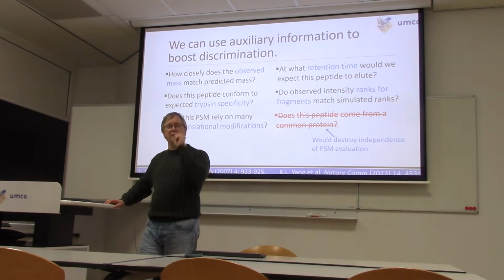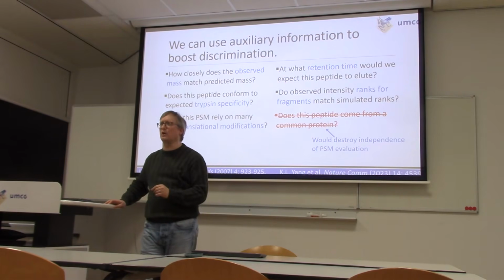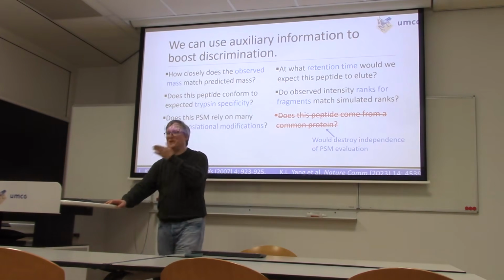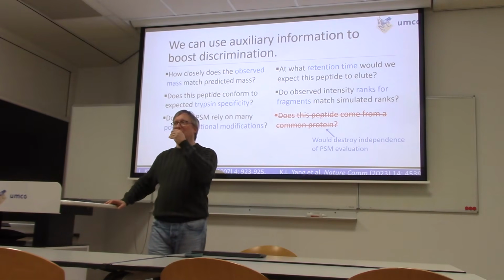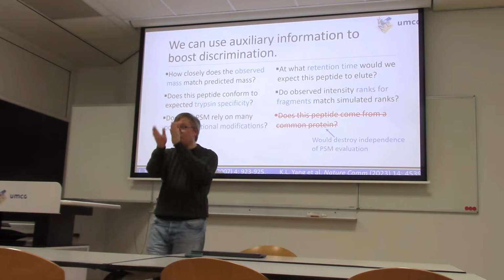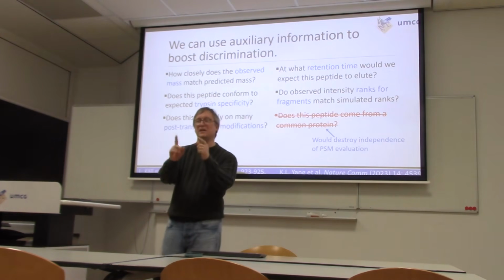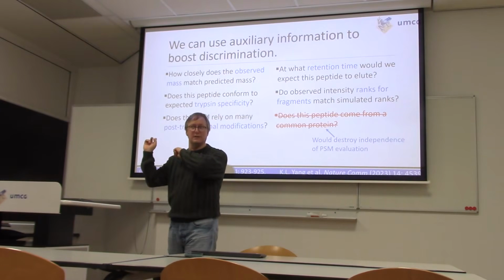But if you were to use how frequently was each accession seen across all of the PSMs, irrespective of their score, and use that to guide you in what you accept, you've destroyed the independence of our judgment about this PSM. Now your willingness to accept this PSM is based on your decisions about other PSMs.